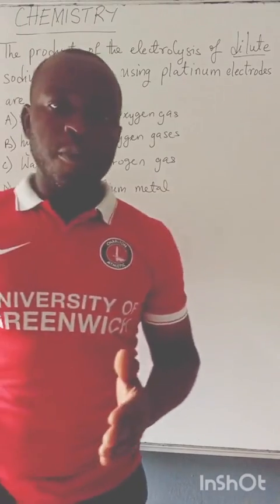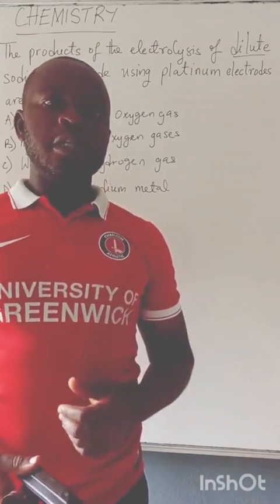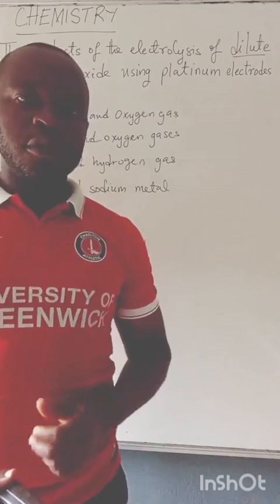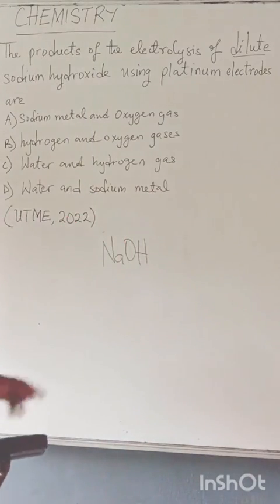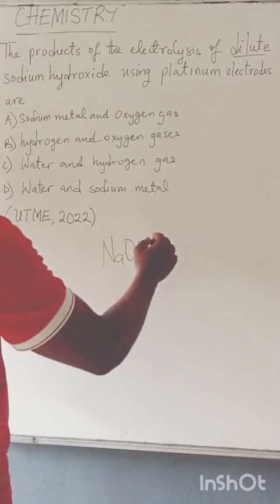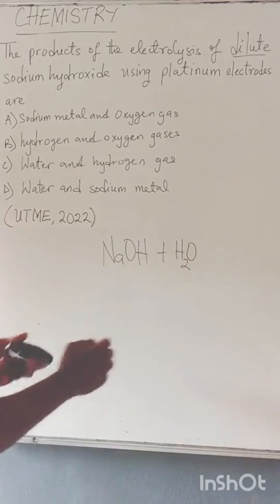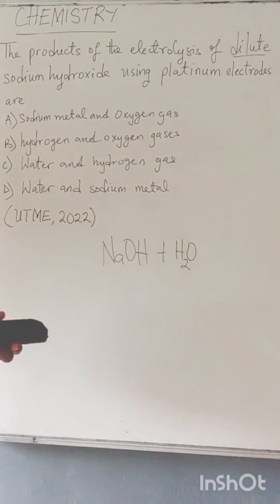Usually the solid component is called the solute, and the liquid component is called the solvent. So sodium hydroxide at room temperature is in solid form, so that is the solute. Then water, H2O, is in liquid form at room temperature, so that becomes the solvent.